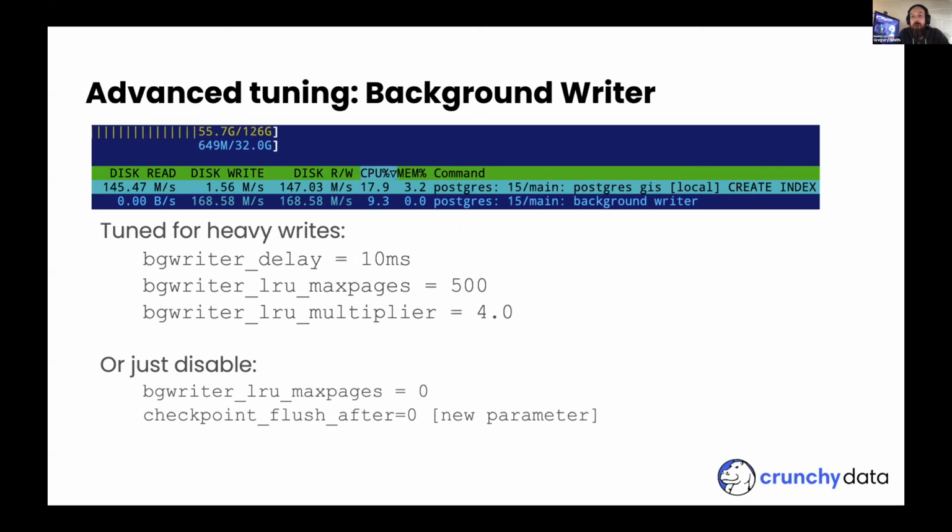All right, background writer. I used to work on this code. I know it pretty well. In this example I have running, I tune the background writing up to where it's chugging out about 170 megabytes a second, so the foreground doesn't have to deal with it. This is great. I do want to improve the background writer soon, because I think this has hit the effective upper limit for this setting.